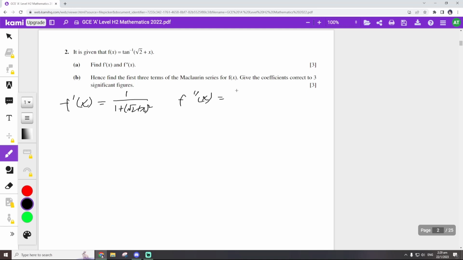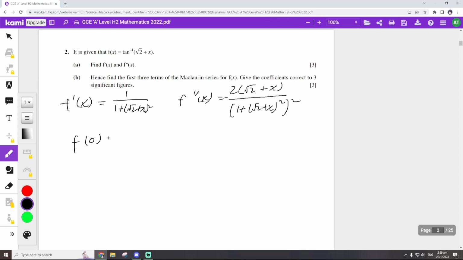So what this should look like is 2 root 2 plus x divided by negative 1 plus root 2 plus x square. Yeah, pretty much.